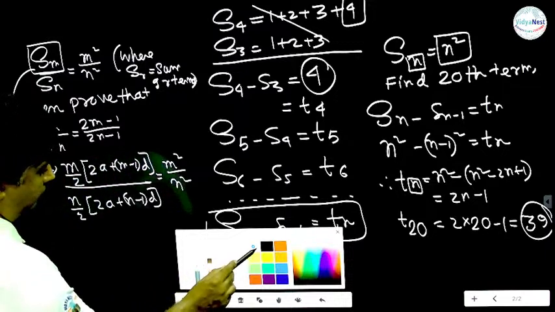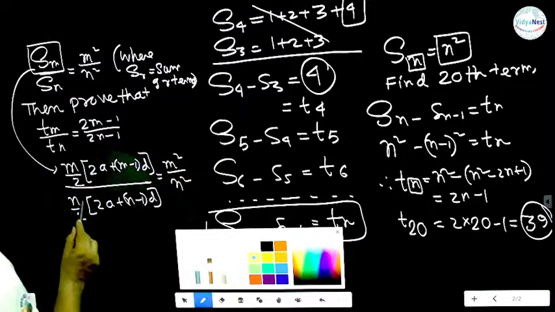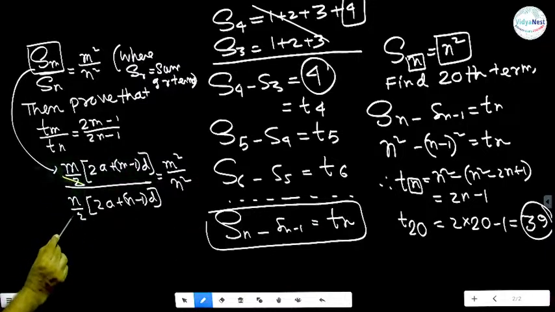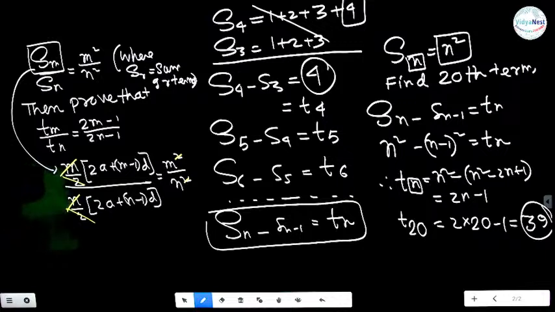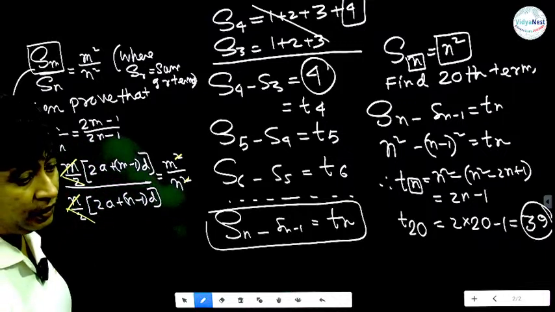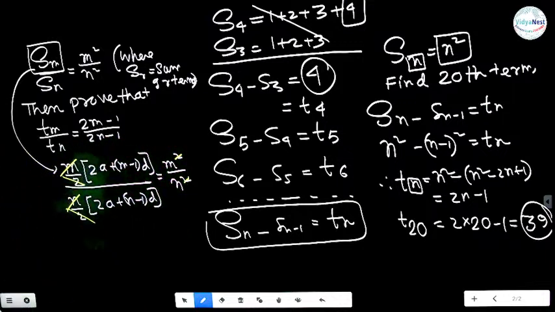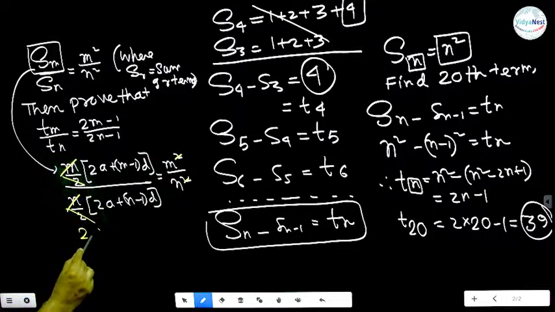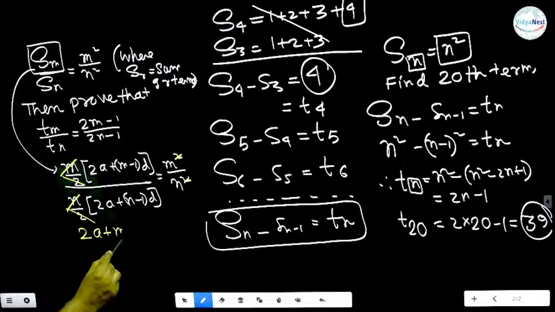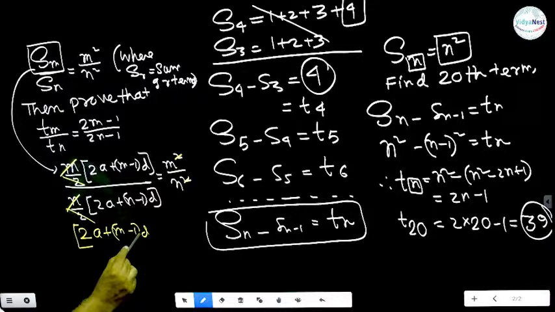So from both sides, numerator and denominator, I can cancel 2. One m will be cut, one n will go. Now we have nothing but to cross multiply.